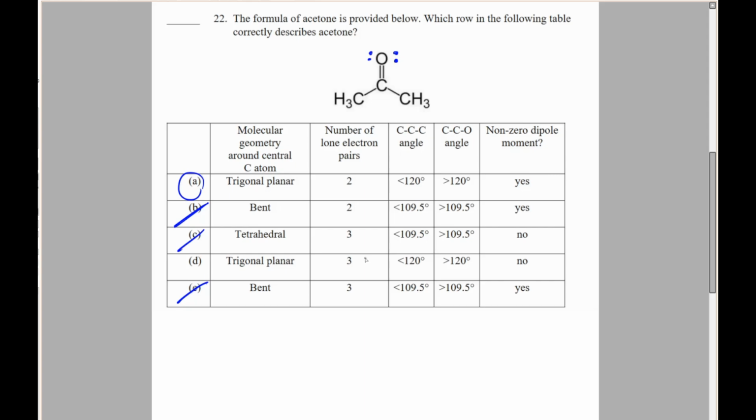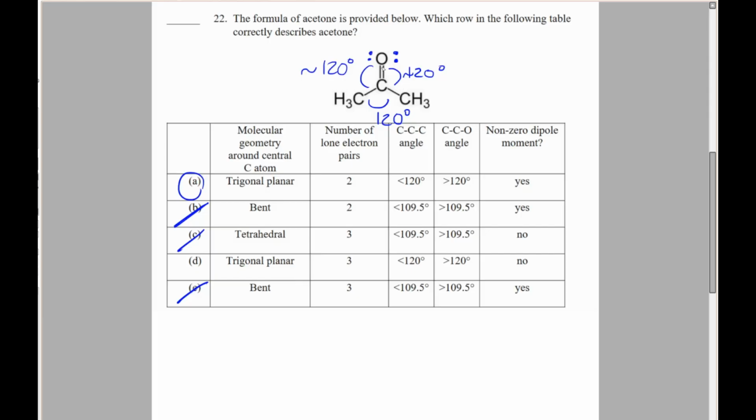But just to make sure you understand everything, let's go through the rest of these criteria. Because of these lone pairs, even though it's trigonal planar and approximately 120 degrees between all of these bonds, it's actually going to be slightly greater than or slightly less than 120 depending on which angle you're looking at.